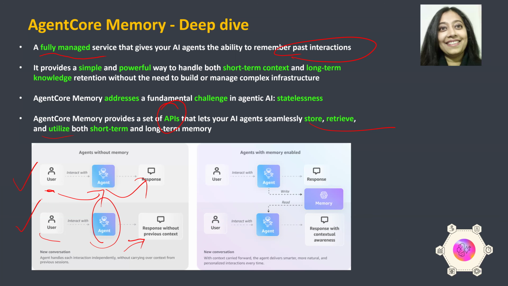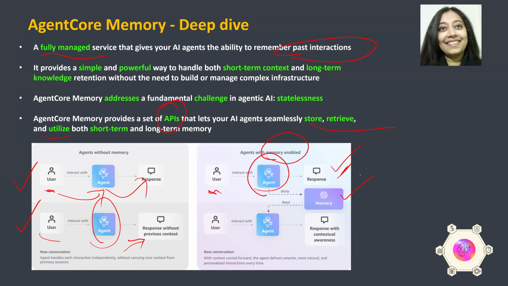If we want to change this behavior, then we have to make our agents memory enabled. So in this case, let's say a user interacts with our agent. The agent will, of course, send a response out, but it will also persist some information to AgentCore memory.